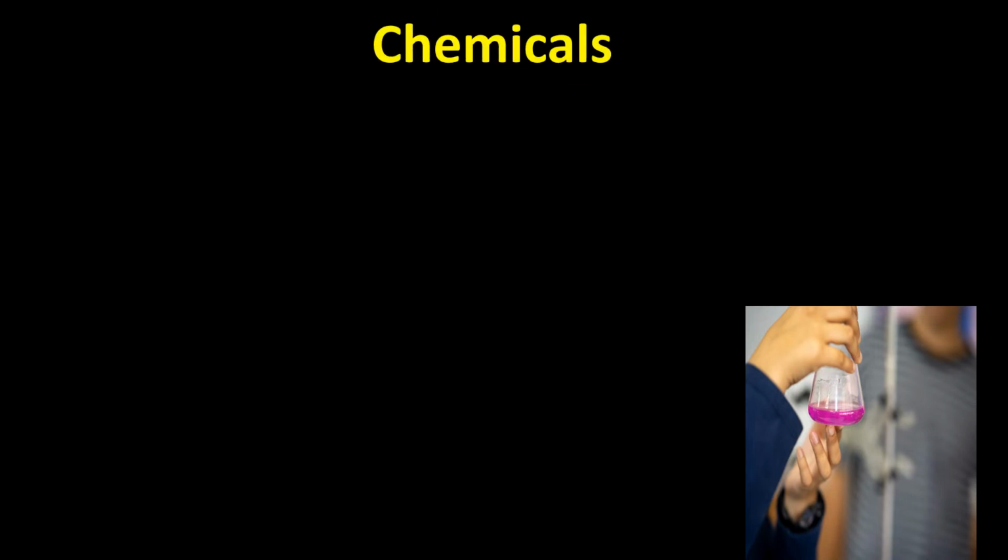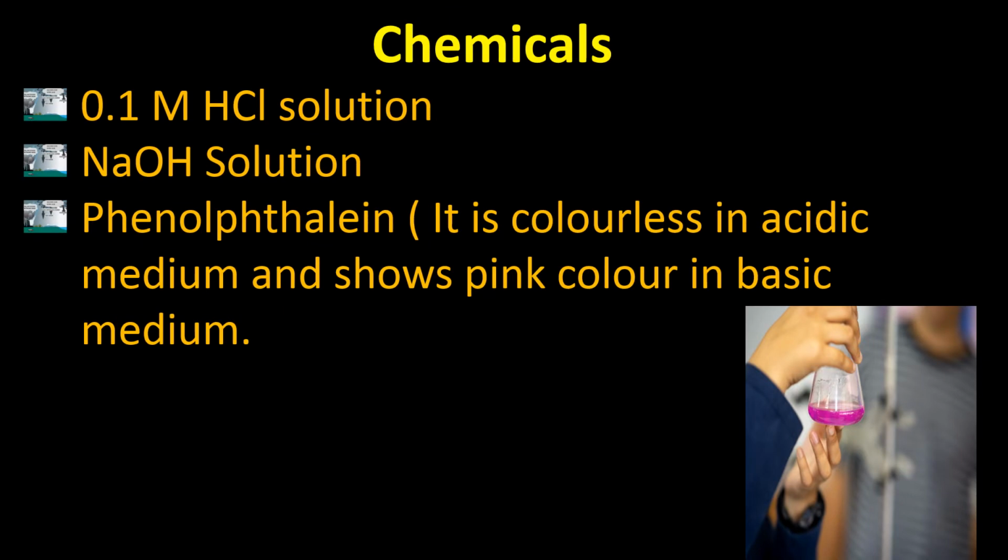Now, what are the necessary chemicals required to carry out the process of titration? Here we are doing an acid-base titration. For your convenience, I am telling you again that the molarity of the acid is known, and always remember, whenever you know the molarity of a solution, we use the term standard solution.